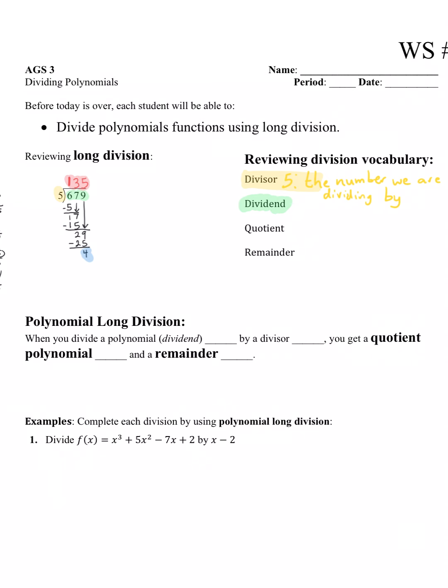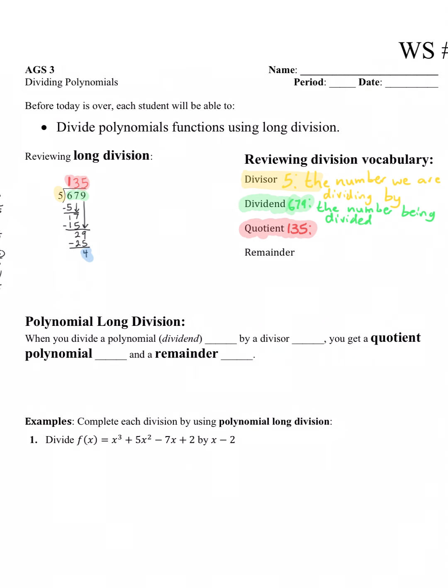Next is the dividend. That is 679. That is the number being divided. We have the quotient, which I'll highlight in red here. That is 135.